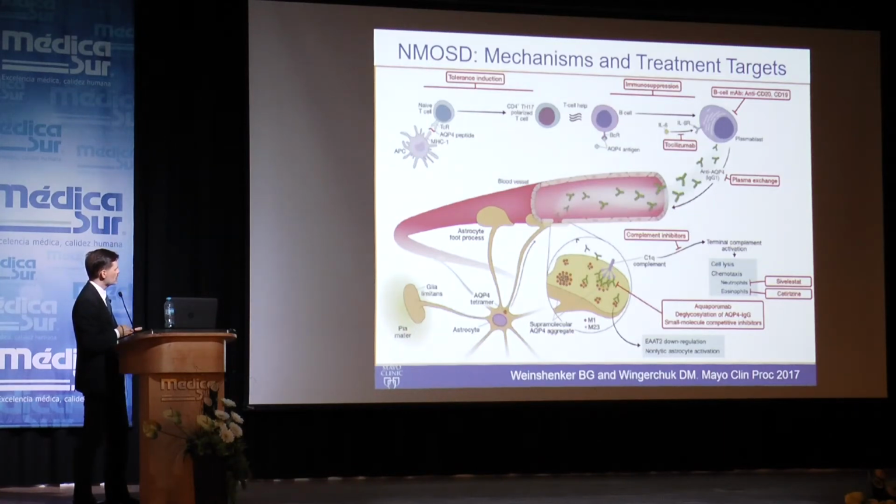So this is a schematic put together by my colleague Brian Weinshenker in a review we wrote last year, showing that if you again focus on the astrocyte and its relationship with blood vessels, you can find many opportunities through interference with antibody binding, inhibition of complement, general immune suppression, affecting B cells, through things like pulling antibodies away with plasma exchange or interfering with antibody production, or even perhaps one of the holy grails of inducing tolerance, something that's long been a dream of immunologists, but an elusive one so far. This is a very good candidate disease to develop tolerance therapy.